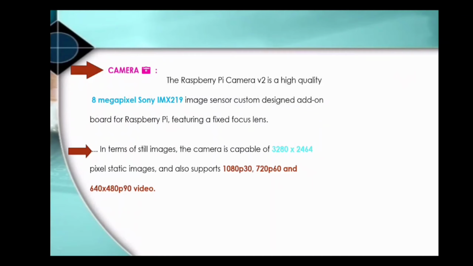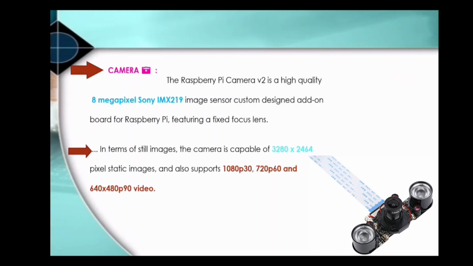the camera. This is the Pi camera, or Raspberry Pi camera, all are names for this camera. It's a high quality camera with an 8 megapixel image sensor, a custom designed add-on board for Raspberry Pi featuring a fixed focus lens.